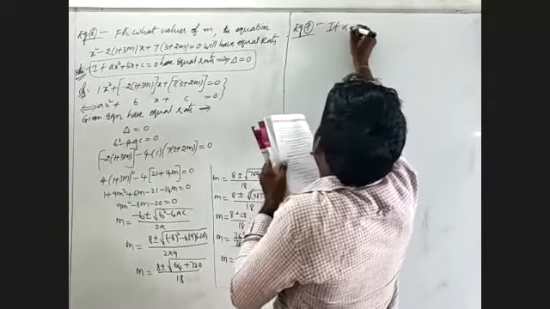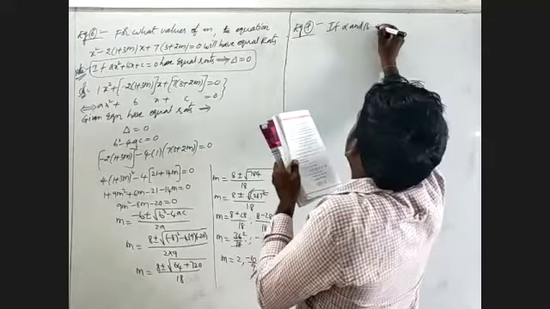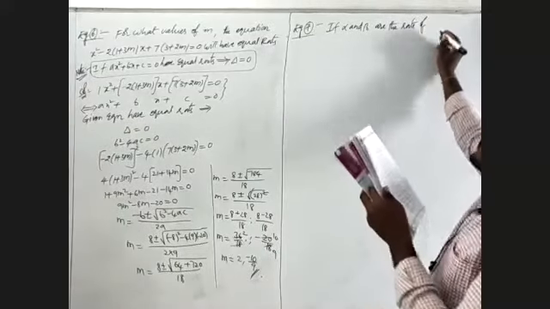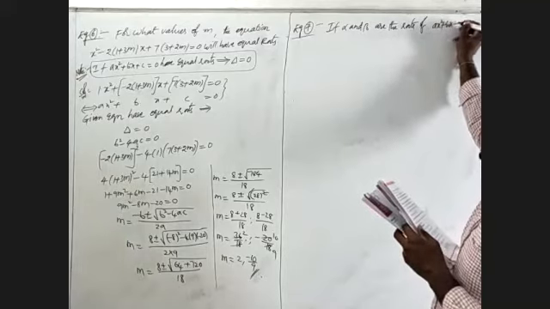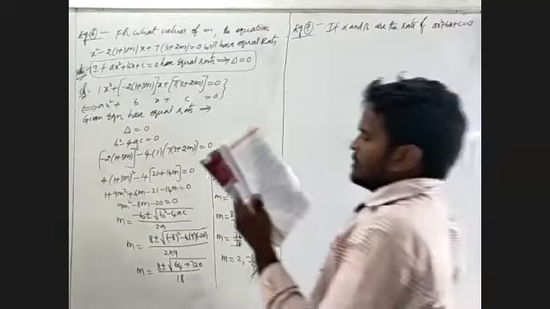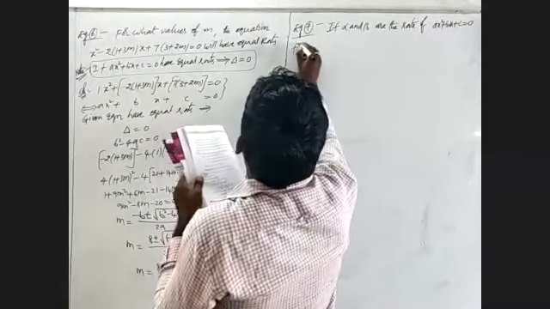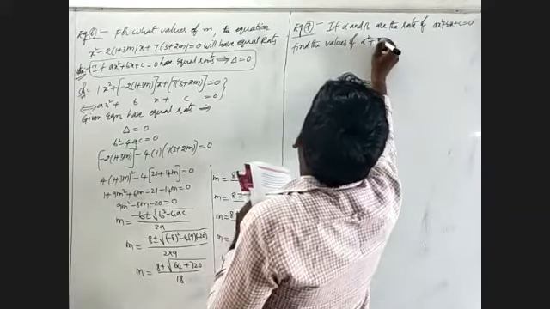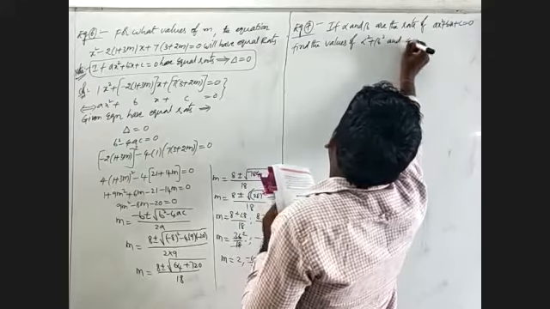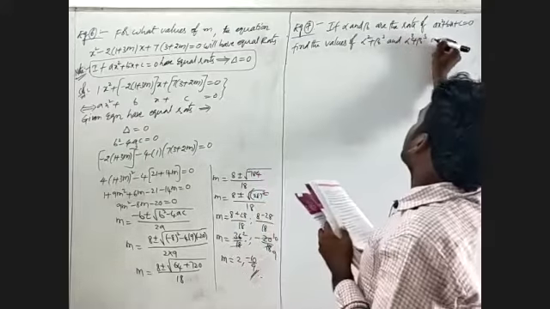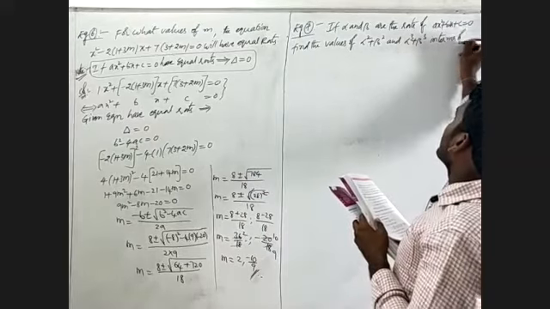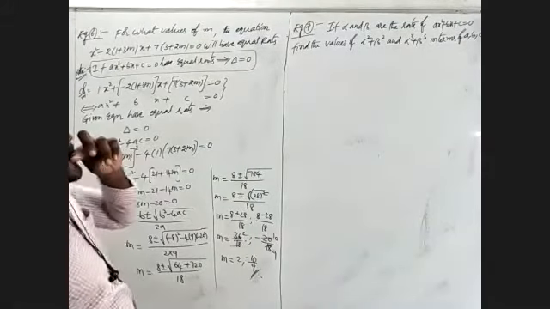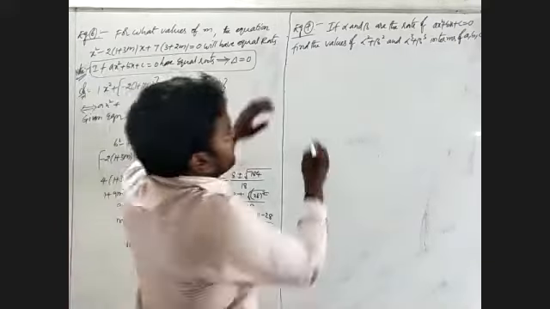If alpha and beta are the roots of x square plus bx plus c is equal to 0, find the values of alpha square plus beta square and alpha cube plus beta cube in terms of a, b, c. We will observe this is most important for 2 marks.